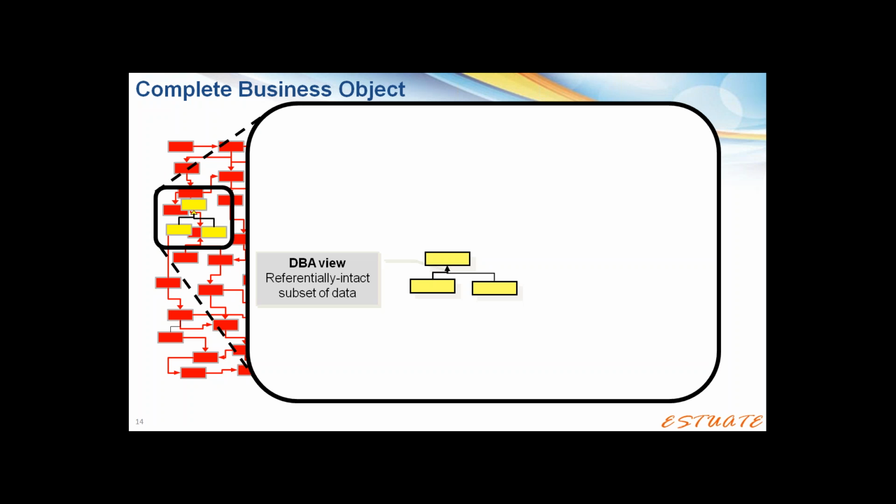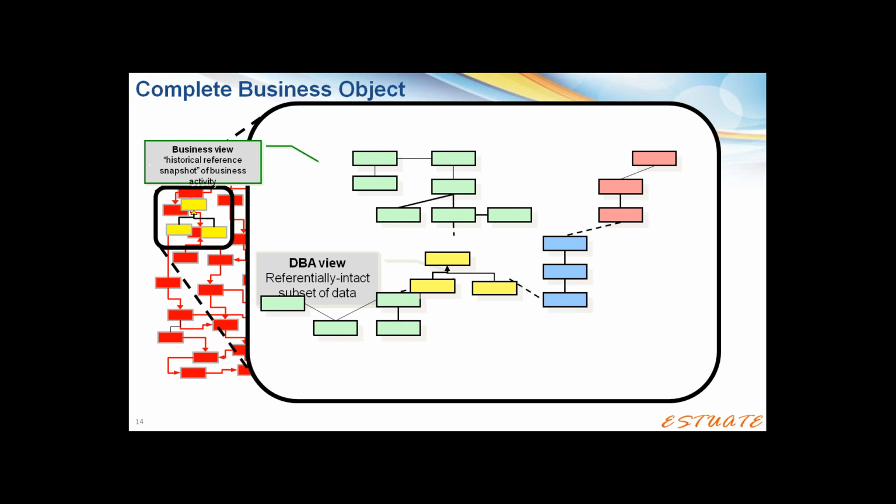When we plan for data archival, as a solution expert, we will be thinking about different user perspectives. For example, as a DBA, we will be thinking about whether the data present in tables is referentially intact or not. In case of business, whether for the historical transaction records, the historical reference is maintained or not.